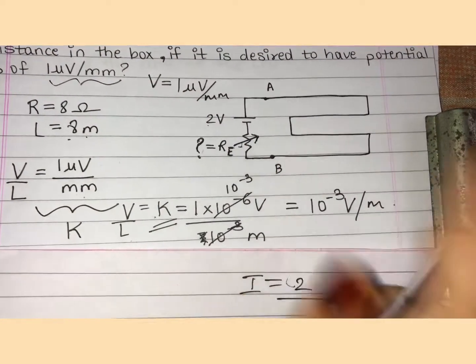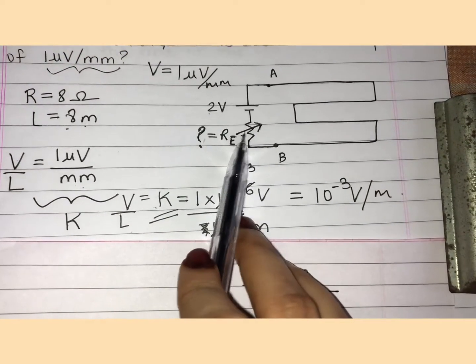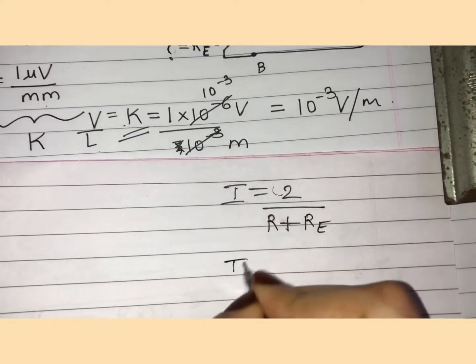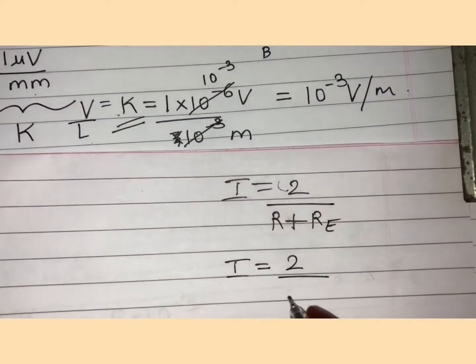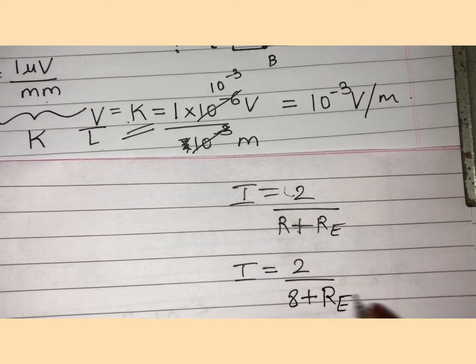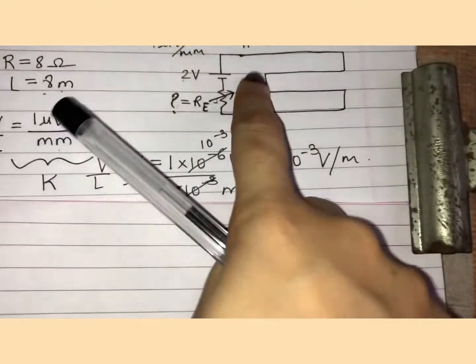One is the resistance of the wire, that is R, and one is from the resistance box, that is the external resistance. So current in the circuit will be 2 upon 8 plus Re, where Re is the external resistance. This is the formula for the current in the circuit.